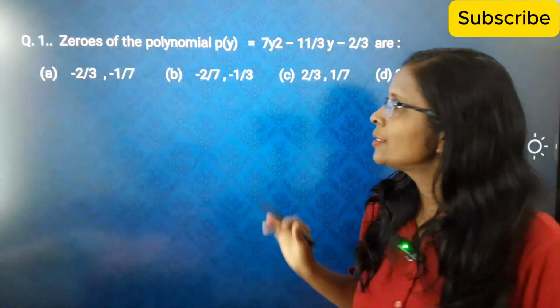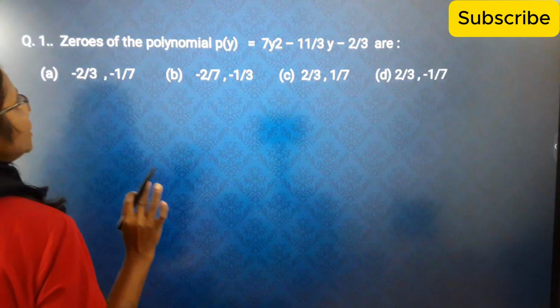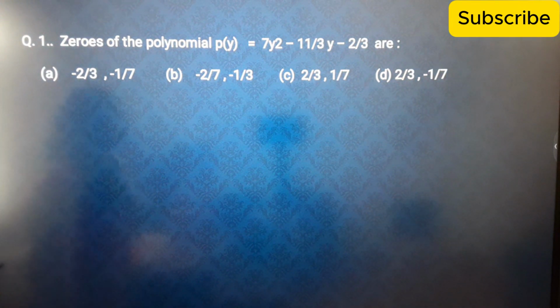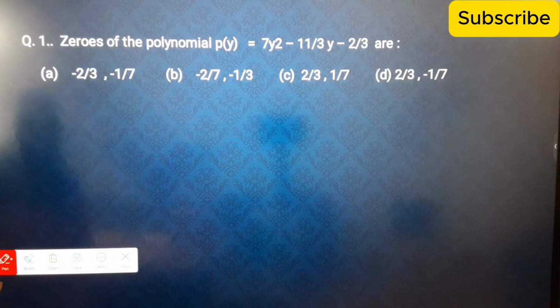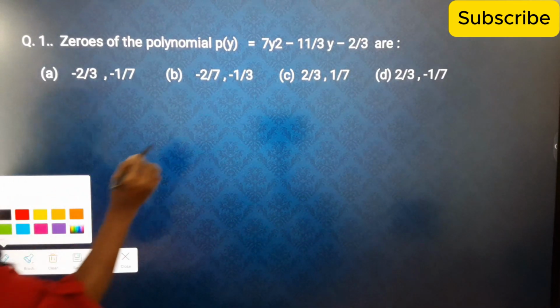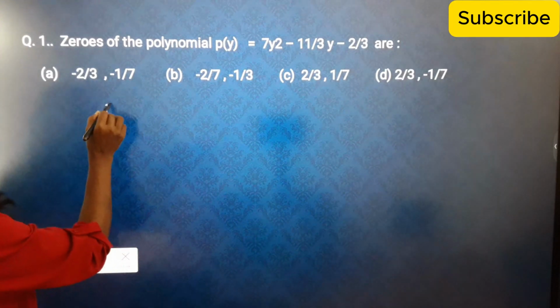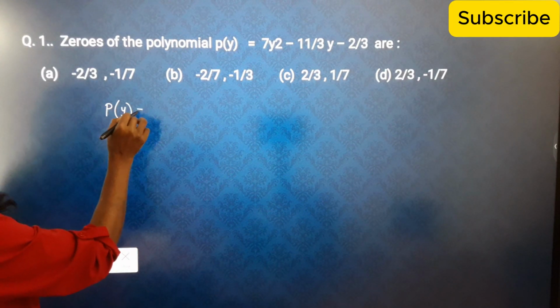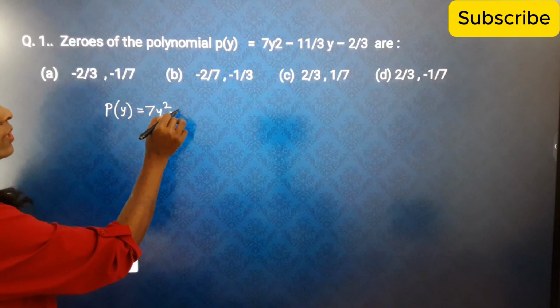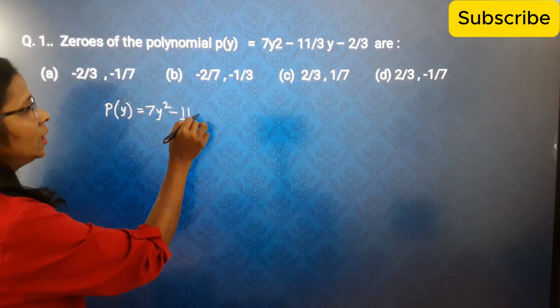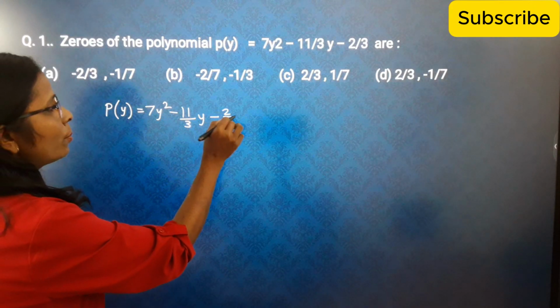So here students, the given is the zeros of the polynomial. I write here p of y is equal to 7y square minus 11 upon 3 y minus 2 upon 3.